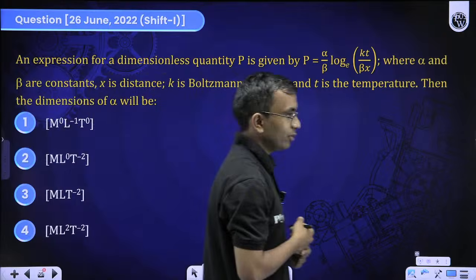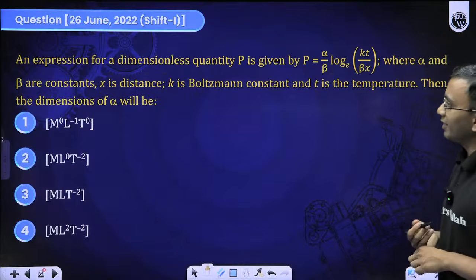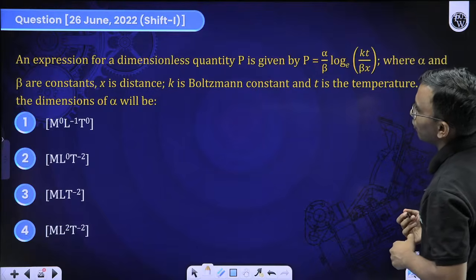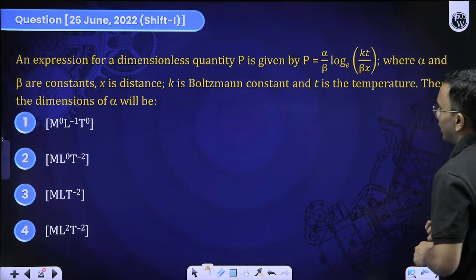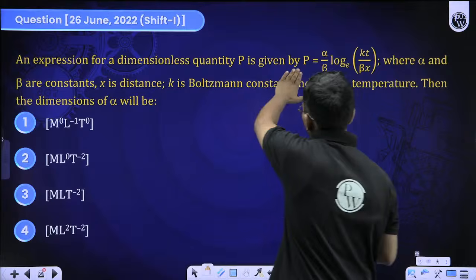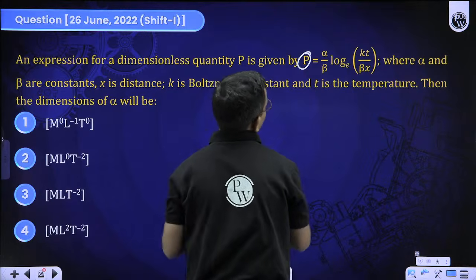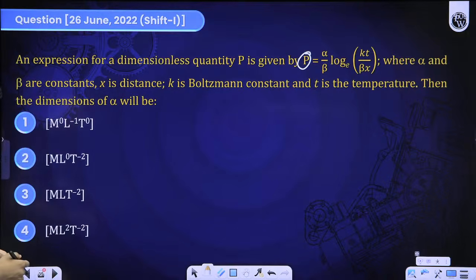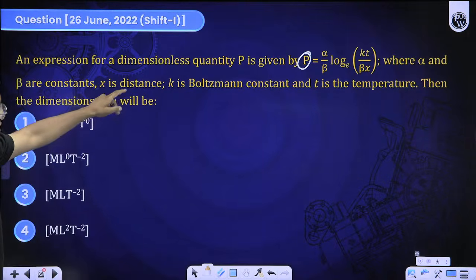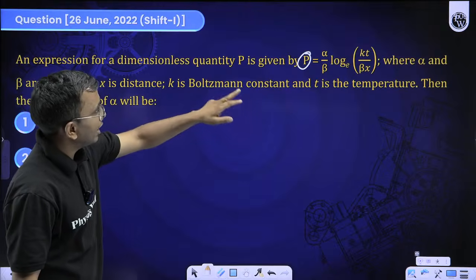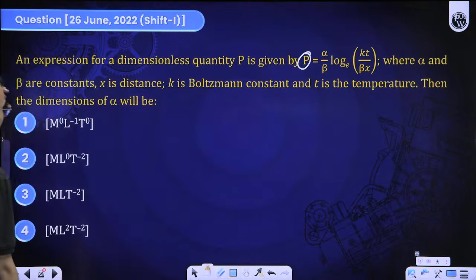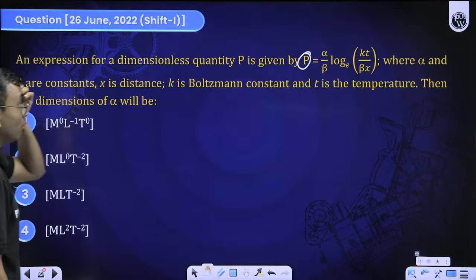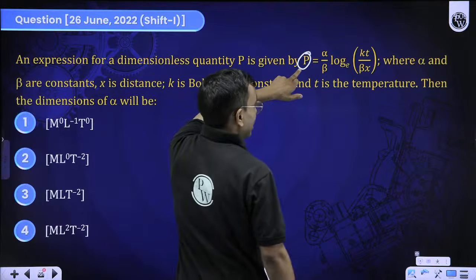Here also we need to use the principle of homogeneity. Let us read it first. An expression for dimensionless quantity P is given by this, where alpha and beta are constants, X is distance, K is Boltzmann constant, T is temperature, then the dimension of alpha will be. P is dimensionless.